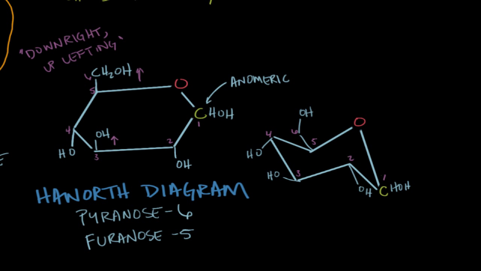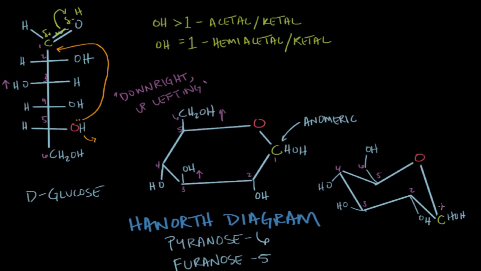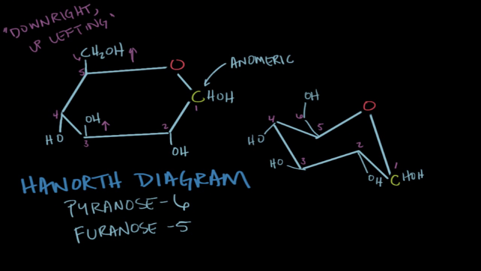Now I didn't indicate the position of the anomeric carbon's hydroxyl group yet, because I think it makes more sense to show it in this diagram. Remember that the original nucleophilic attack by the oxygen, way back over here, could have created 2 different products, one with an R configuration about the anomeric carbon and the other with the S configuration. So that last hydroxyl group can actually be in 2 different positions.